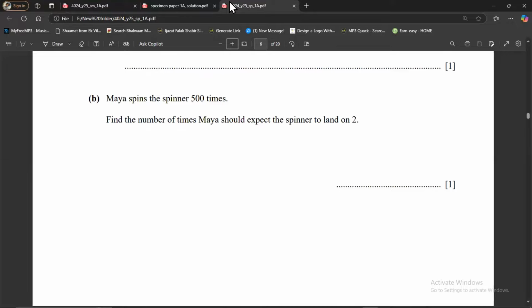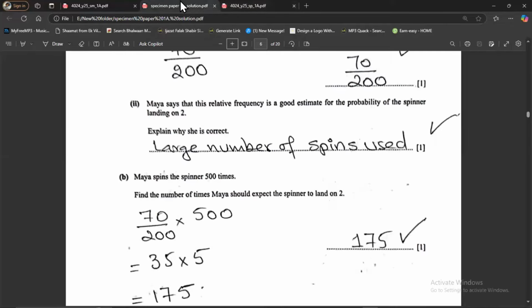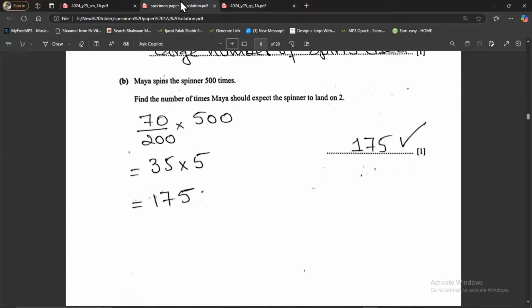Then the B part, he says, Maya spins the spinner 500 times. Find the number of times Maya should expect the spinner to land on 2. Very simple. Out of 200, the spinner stops on 2, 70 times. So out of 500, how many times will it stop?